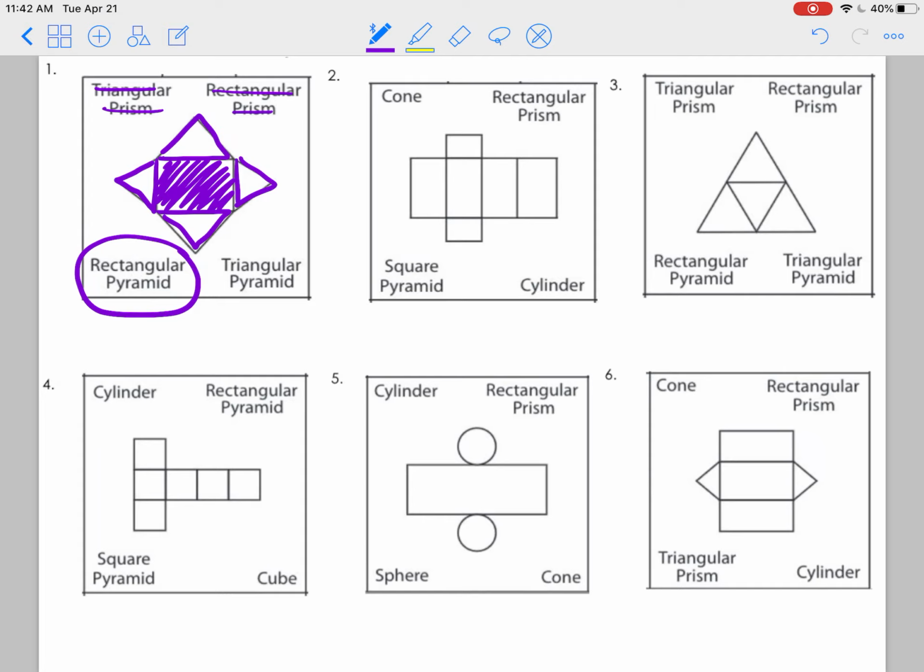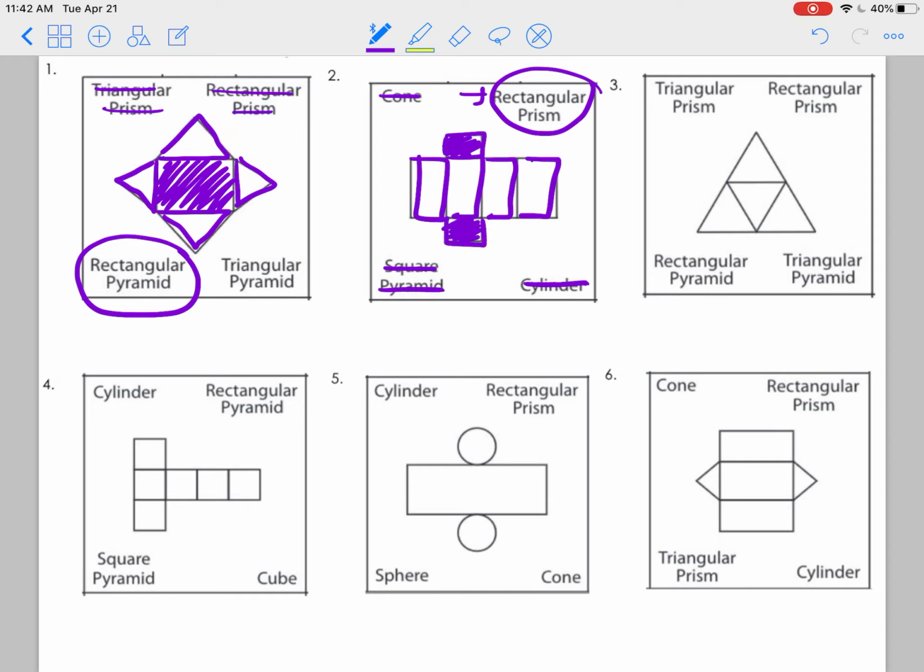Okay, on to number 2. For number 2, we can see that all of the sides are rectangles, so we know it's some sort of prism. So I can eliminate cone, cylinder, and square pyramid. Now I know it's a rectangular prism because it has two rectangular bases that go with it.